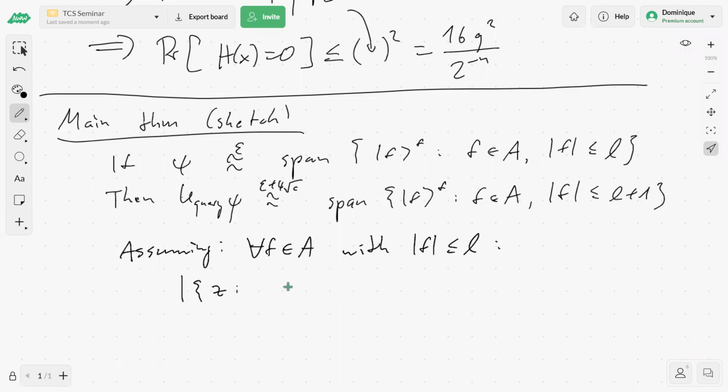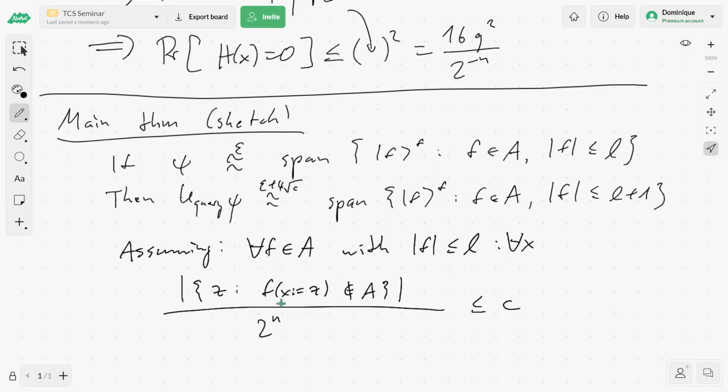The number of z's, well, let me first write it. In order to apply the theorem, we need to show an upper bound on how many z's there are for a given f, so that if I set f of x to be z, so I update the function at one position, how many z's are there that make f, if it was in A before, afterwards not in A?